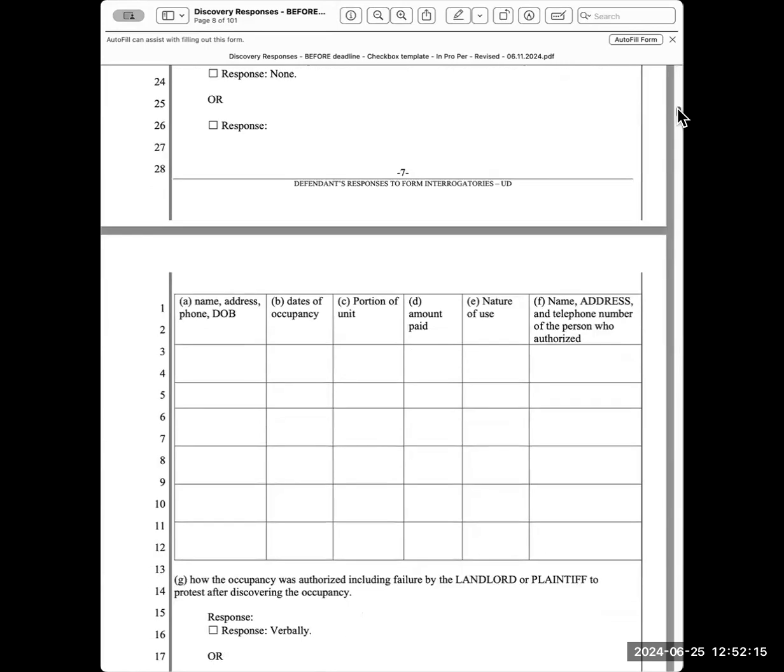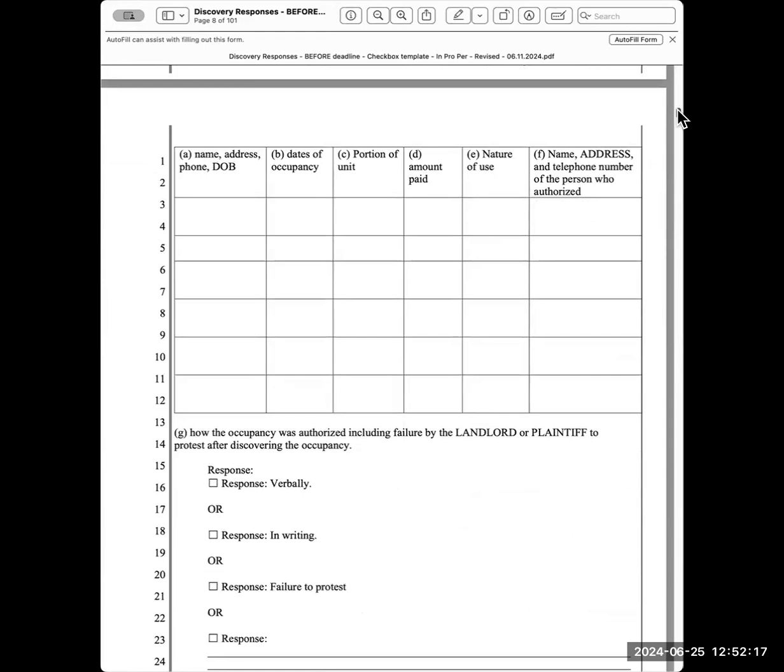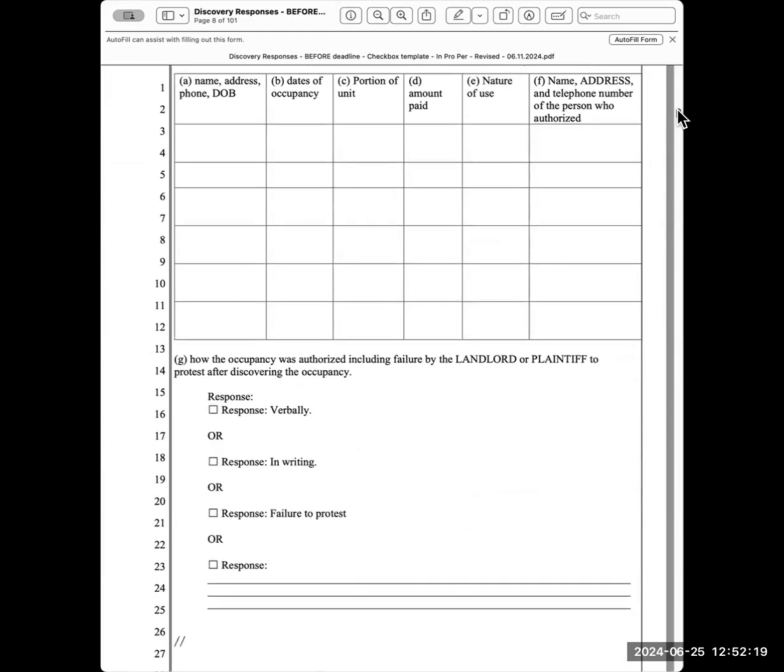If you have evidence of that authorization, you're going to answer here. Either the response from the landlord was verbal, it was in writing, or the landlord knew that this person or people were occupying the unit and failed to protest. If none of these responses apply, check here and put in your response.